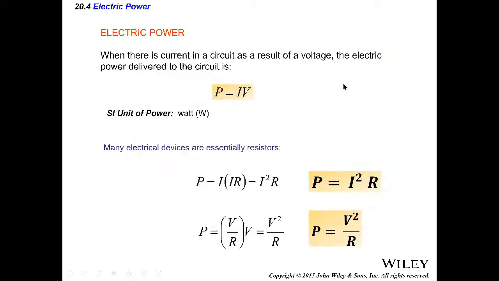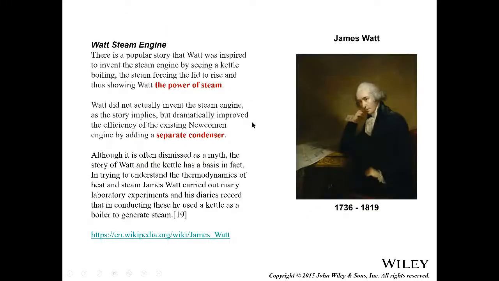Oh, I didn't get to honor the unit. We all know it's watts, and actually you already know the unit watt, because in 203 we already learned about the power measured in units. But this is James Watt, and there's a story I got out of Wikipedia.